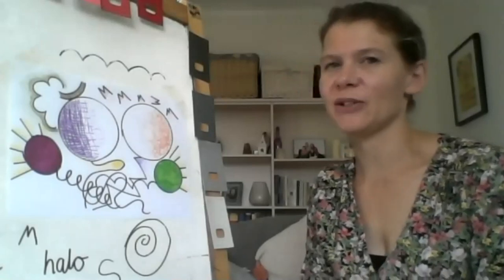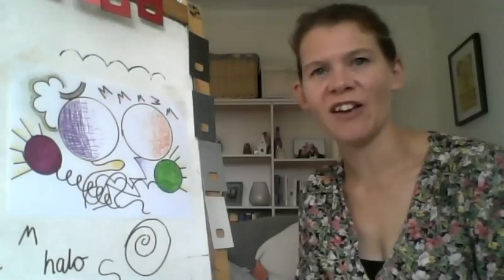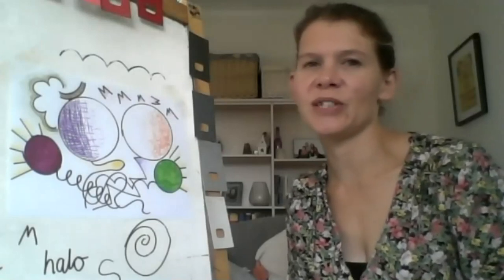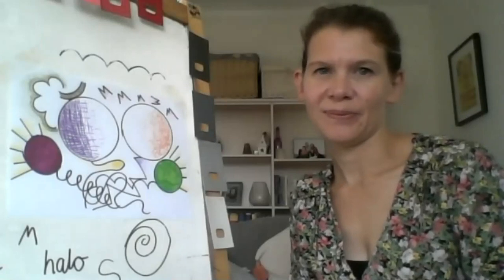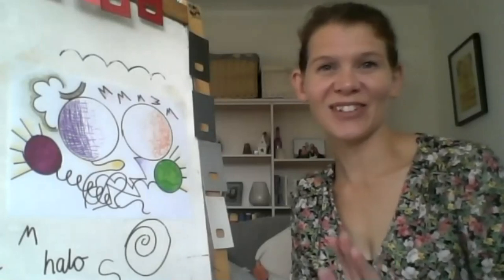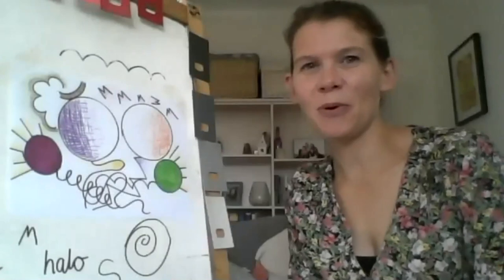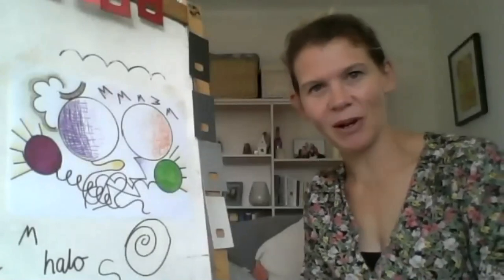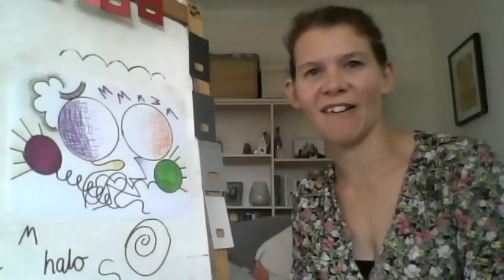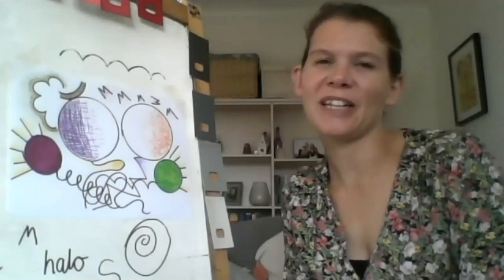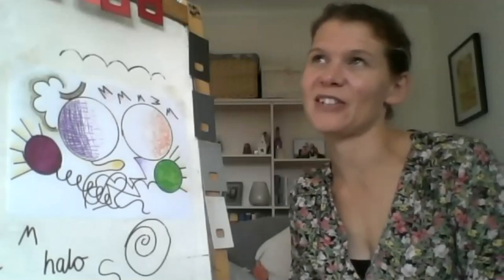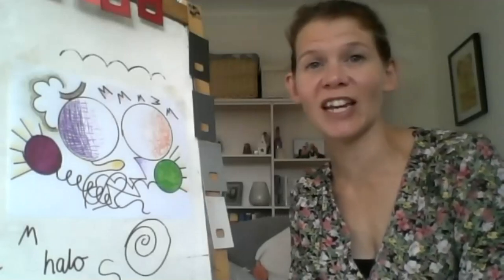Can you point to an area on your picture where you have used a wavy line? If you haven't, don't worry. Can you point to an area of your picture where you've used a spiral line? Can you point to an area of your picture where you have used a straight line?